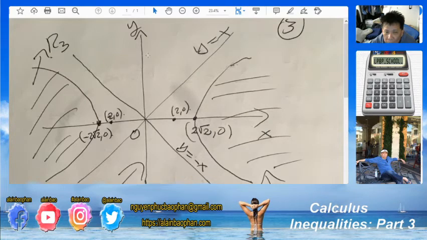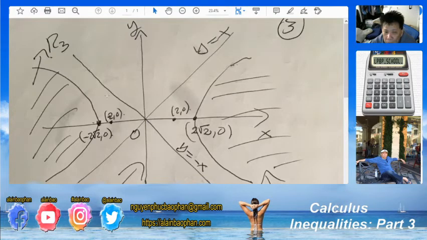And if instead of x squared it becomes y squared over a squared minus x squared over b squared equals 1, the asymptote will go this way, and the graph will go this way.